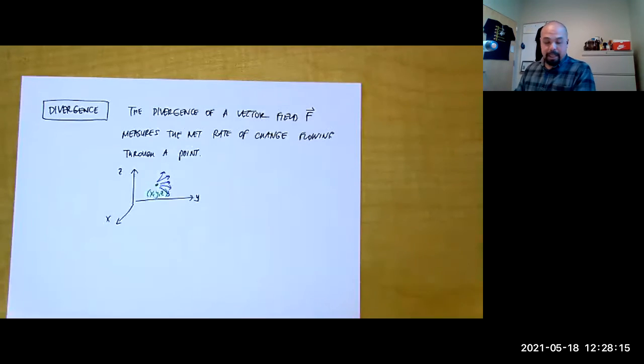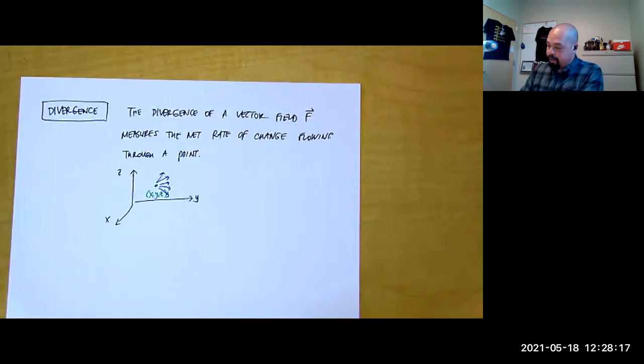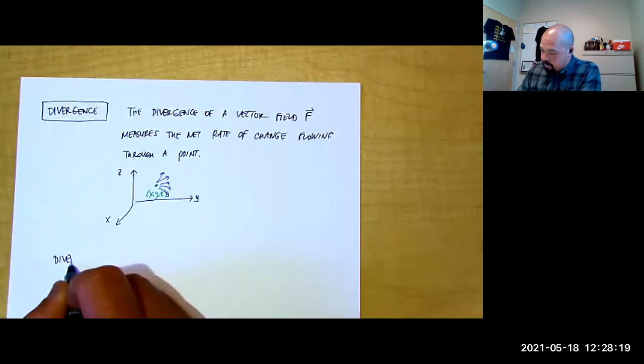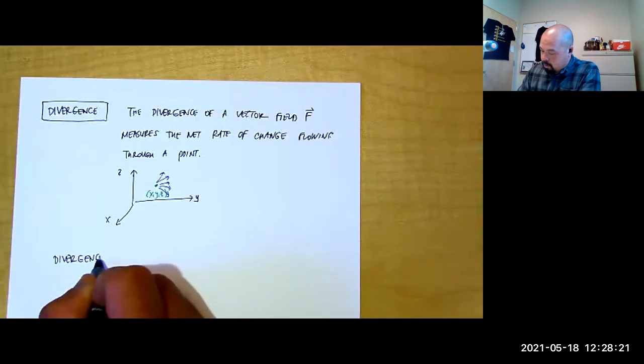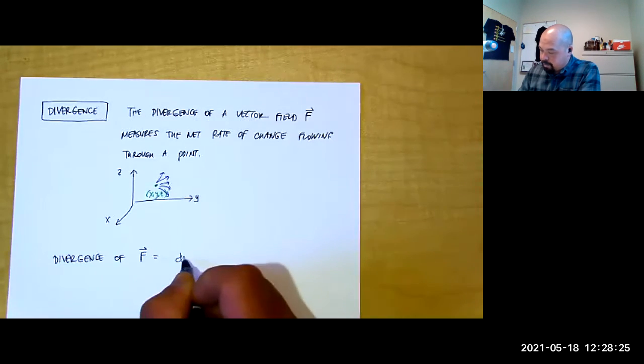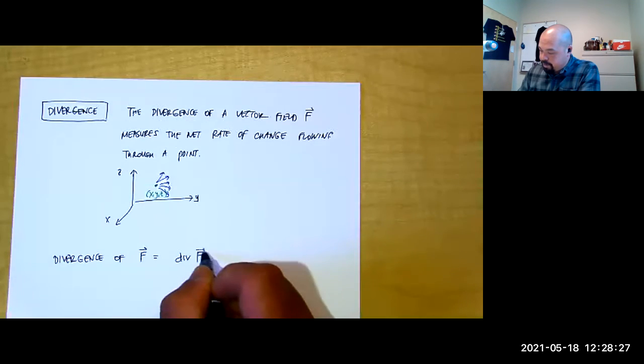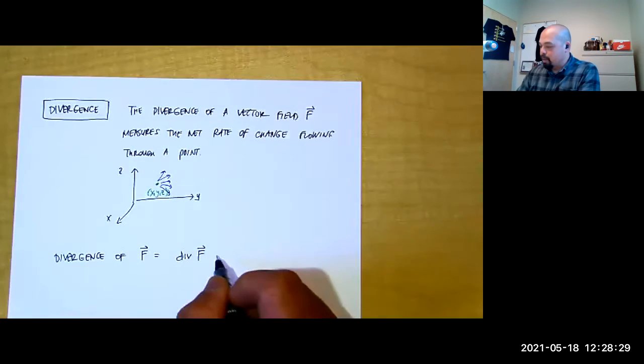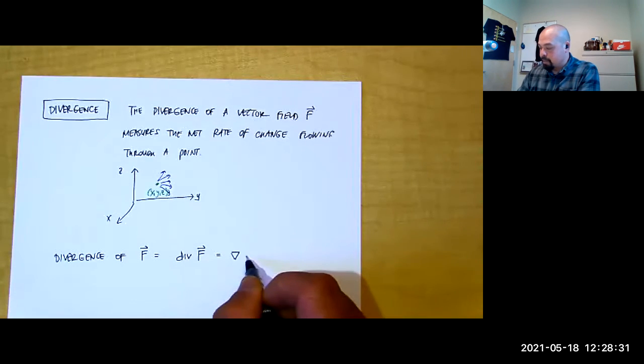Okay, and so for that divergence of that vector field F, we call it div F. We're going to take this to be the del operator dotted with our vector field.